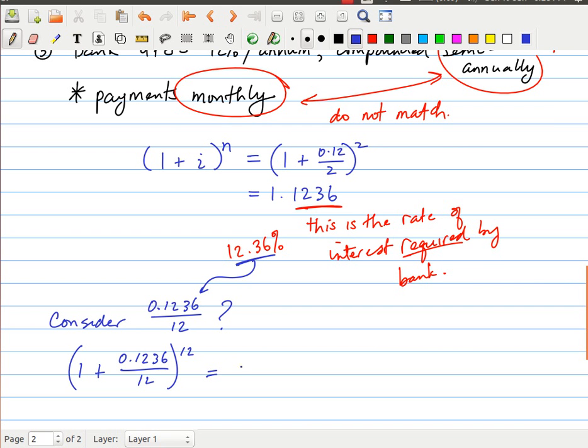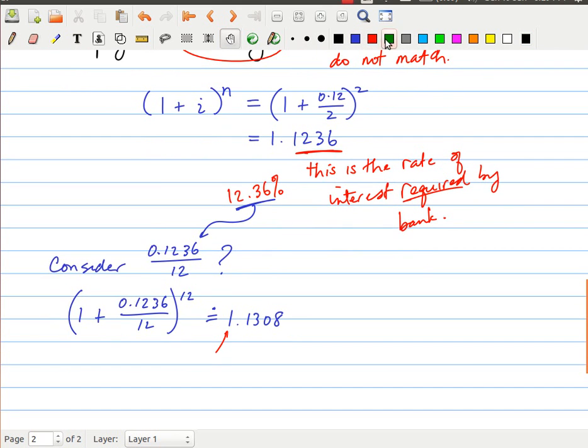And if you check that, I'll do the calculation now, and you can check that yourself. And when I do this, I end up with 1.1308, approximately. And this part, the 1, is 100%. And this part must mean that we have 13.08%.